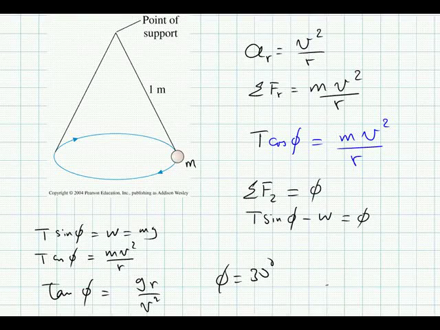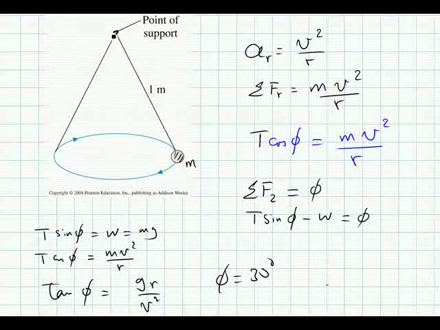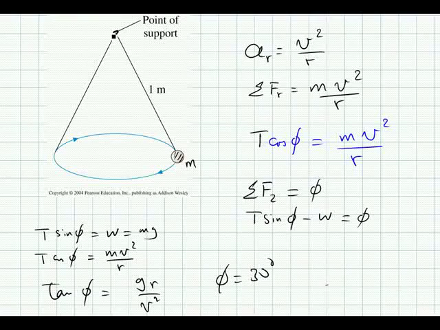So in this example, we have an object M which is being moved in a circular path. It's tied to a string, 1 meter long. The pivot point is here, that's the point of support, and the circular path is indicated by the blue circle. As you can see, it's a clockwise rotation.